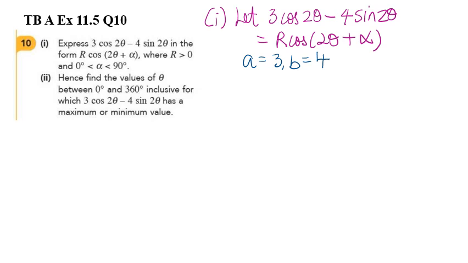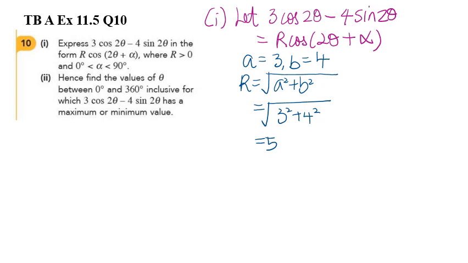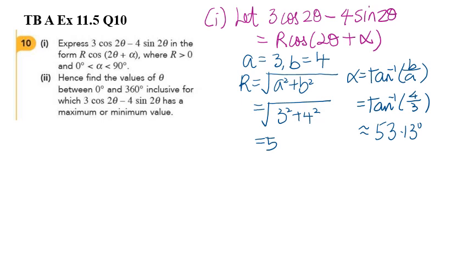So we can still find r using the same formula, which is square root a squared plus b squared. That gives you 5. And alpha is still the same, which is tangent inverse b over a. But right now the trigo function will become 5 cosine bracket 2 theta plus 53.13 degrees. Okay, that's it.